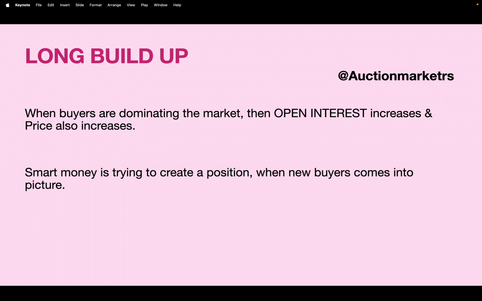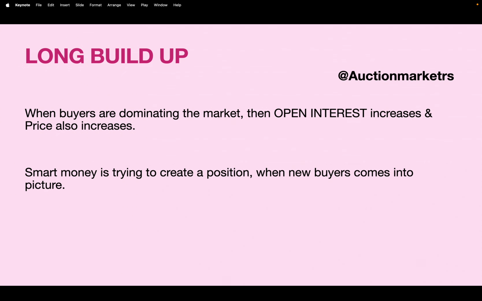So when the buyer is pushing the market upside, the open interest contract will increase by one, and the price also increases along with the spot. When buyers are dominating the market, the open interest will increase and the price also increases.